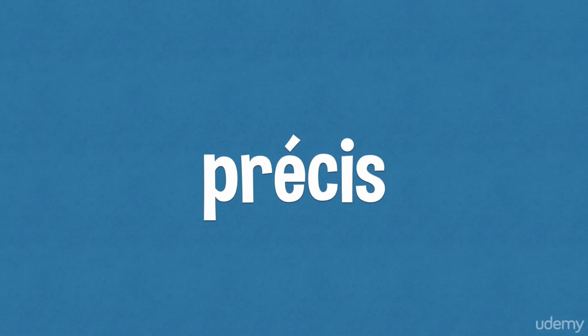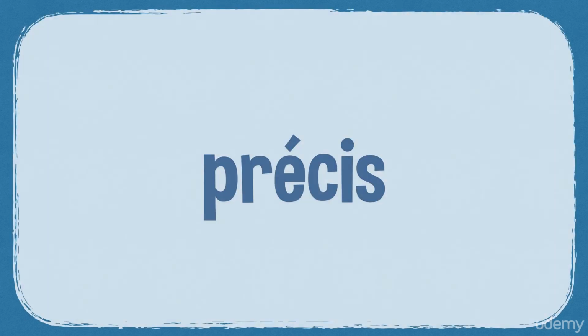Here's your next word, précis. A précis is basically a summary. It's a short written account of something, which gives the key points, but not the details. It's similar to an abstract, in fact. You can see in the middle, we have the French letter E, the E acute.